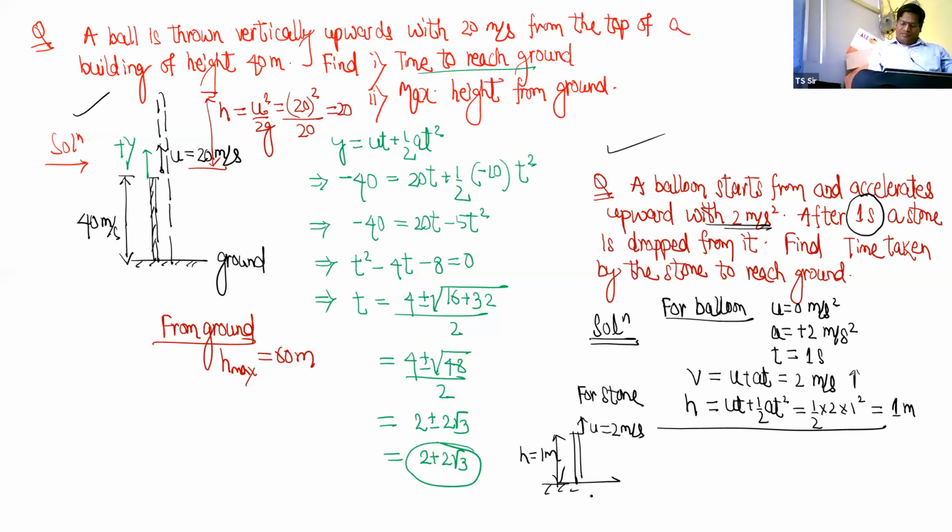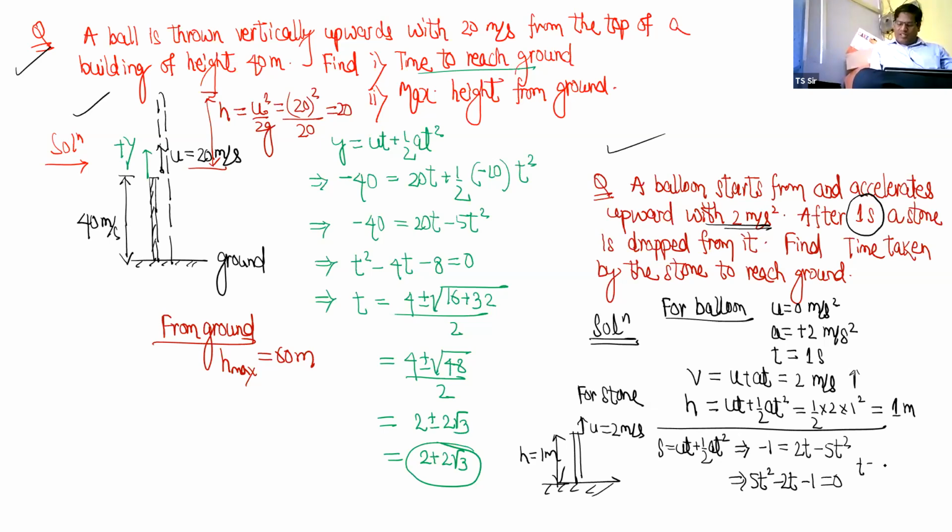Now we have to apply this here. So s equal to ut plus half at square. Now for the stone, acceleration will be minus 10. So s will be minus 1, equal to 2t minus 5t square. So that is 5t square minus 2t minus 1 equal to 0.